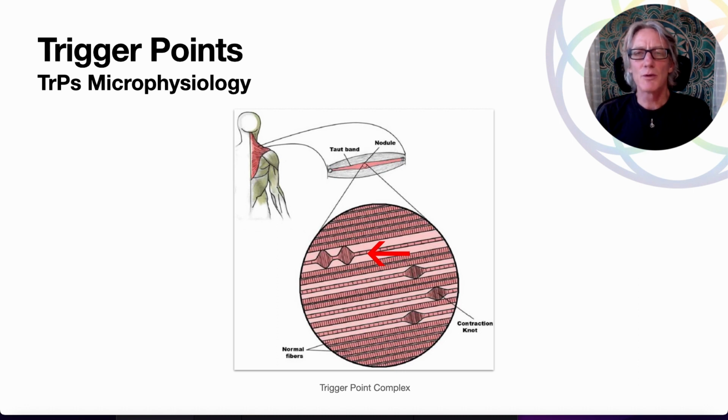So muscle fibers, in order to do work, when the motor nerve says contract and move this joint, need a round of energy, ATP, in order to contract and contribute to moving that joint. They also need another round of ATP in order to reset and get ready to contract again.